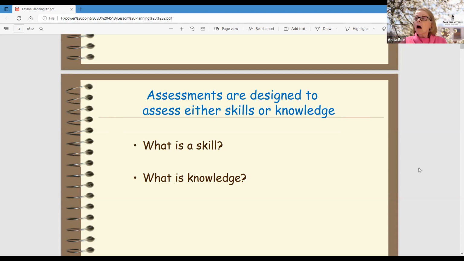That's pretty broad. You might get all kinds of answers, but you can't put it on a checklist. So we'll cover that in a little bit more detail here in just a minute. But that's the difference. A skill, you can pretty much throw it on a checklist and be done. Knowledge is a little more complicated, a lot more broad. Okay.